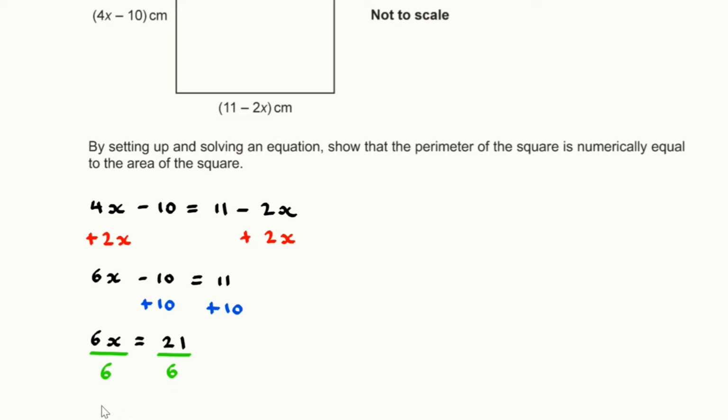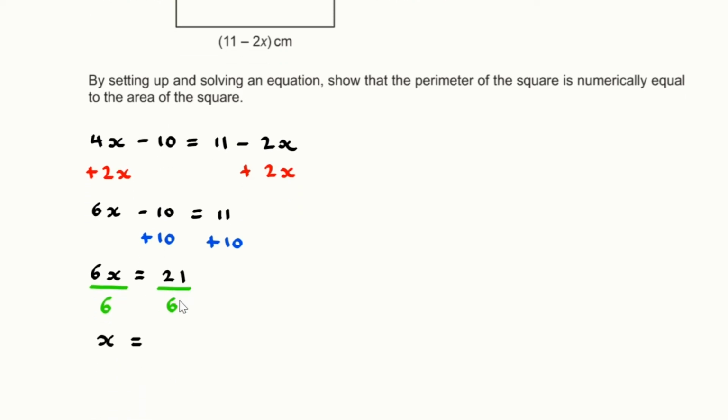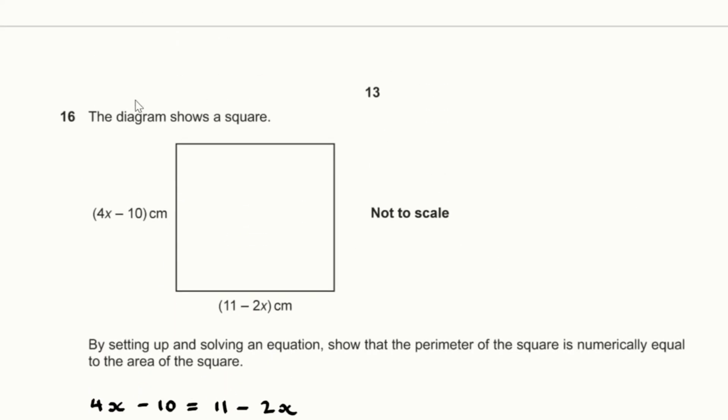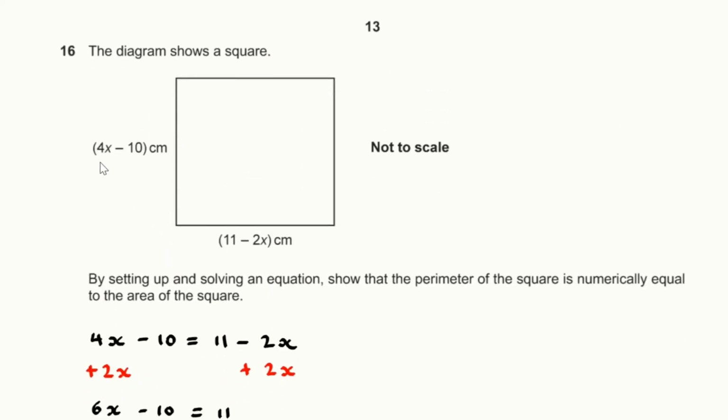6x divided by 6 is just x, and then 21 divided by 6, well, top and bottom can be divided by 3, so that's the same as 7 over 2. In other words, 3.5 if you want. So now that we know what that is, we can find out what the length of the side is. 4 lots of 3.5 and then minus the 10. Let's work out what that is.